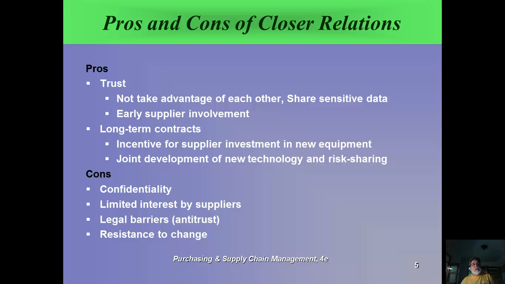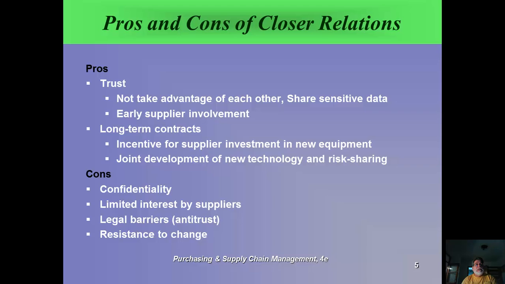What are the problems or barriers that we can look at? One is confidentiality. That is, we're sharing information. We have to trust the people that they're going to hold on to this information and not pass it around. Sometimes your suppliers aren't interested. You don't represent enough business for me to do this, or it's not part of our culture to have this close relationship.